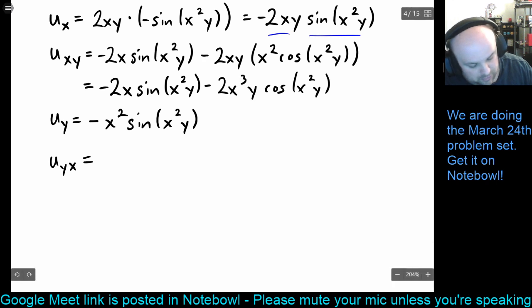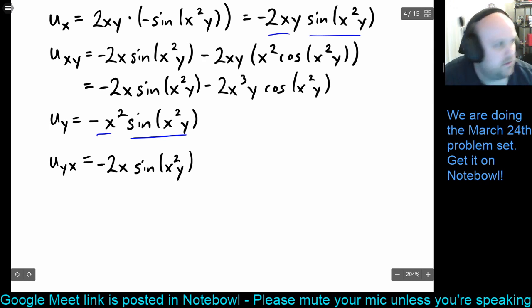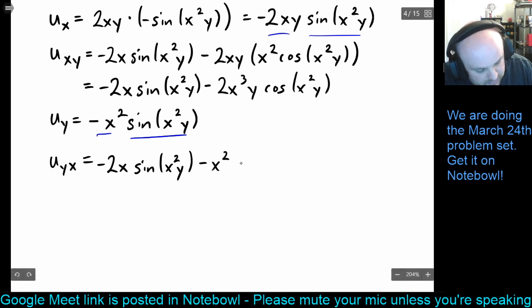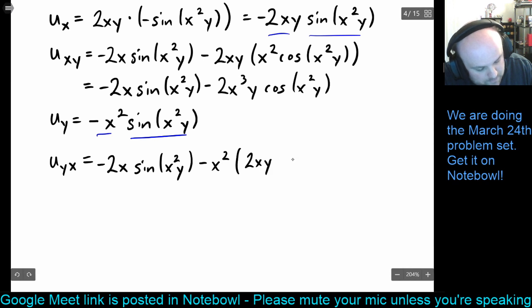So again, product rule on these two pieces here. So derivative of the first part is minus 2x sine of x squared y. And then minus x squared, derivative in here, when we differentiate with respect to x, we get a 2xy come out times cosine of x squared y.